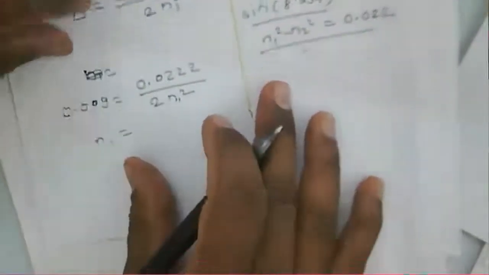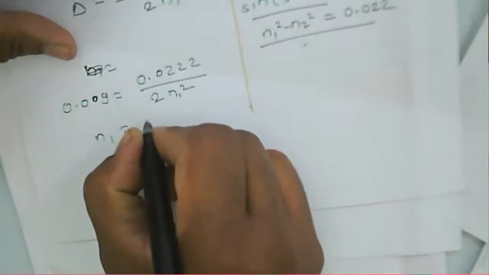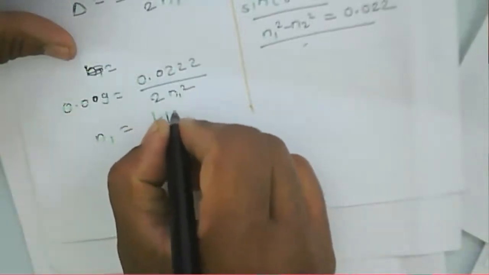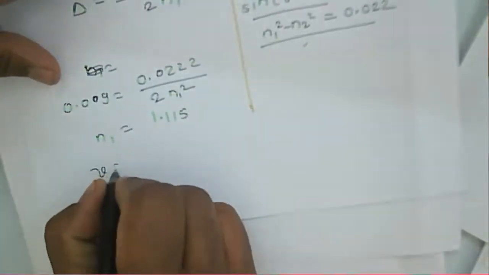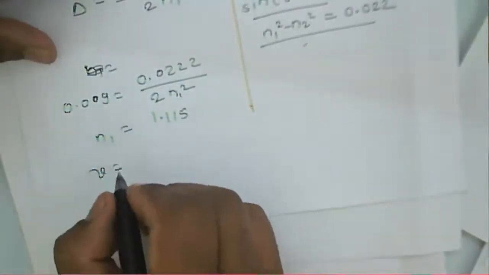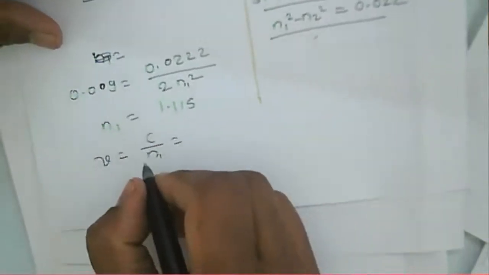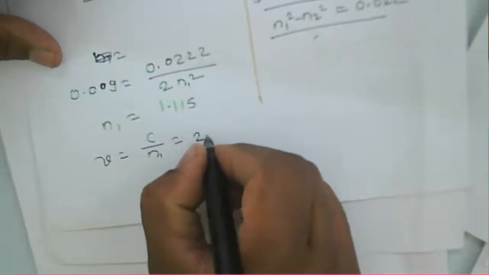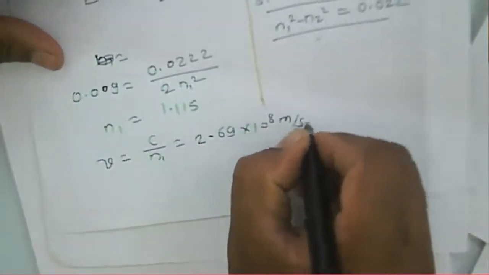Once we get n1, that is about 1.115, then you can put the values: v is equal to c by n1, which is 2.69 into 10 to the power 8 meters per second.